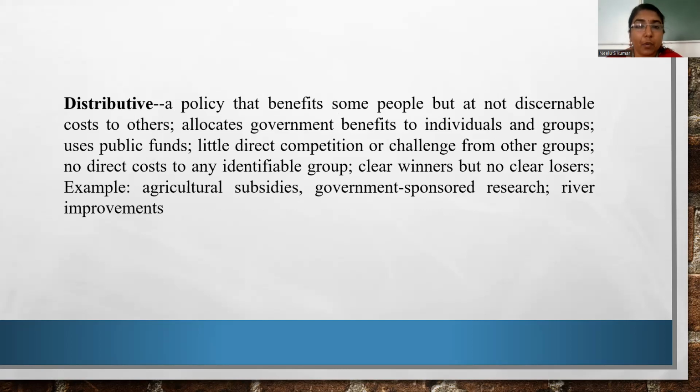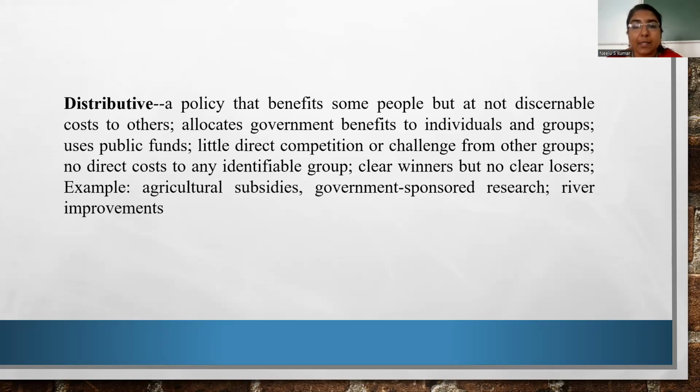And the next kind of public policy is the distributory public policy. A distributory public policy benefits some people but at no discernible cost to others. It allocates government benefits to individuals and groups, using public funds, with little direct competition or challenge from other groups and no direct cost to any identifiable group. There are clear winners but no clear losers.